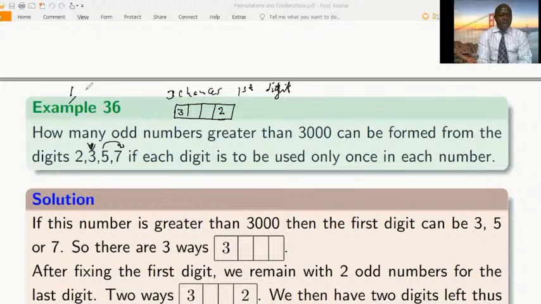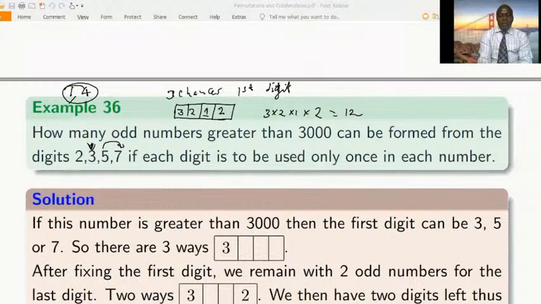I've fixed 2 digits out of 4, so I'm left with 2. That means I have 2 chances for the second digit, and then I've fixed 3 digits out of 4, so I'm left with one chance for the third digit. So the number of chances is 3 times 2 times 2 times 1, which is 12.